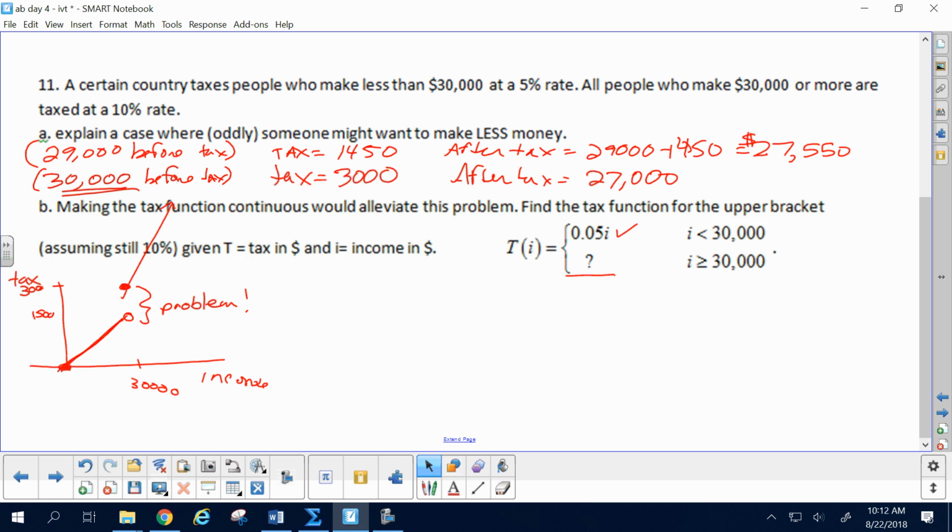But I need this to move down a little so they meet. So what kind of basic function do I want this to be? Tell me something you do know about what that wants to be. If I'm going to keep 10%, then what do I know so far? 0.1 of what? 10% of what?